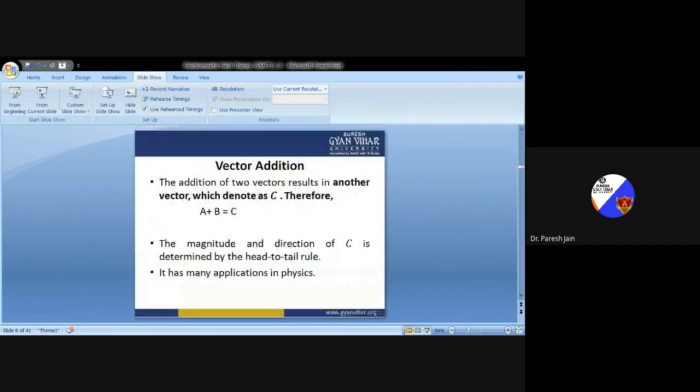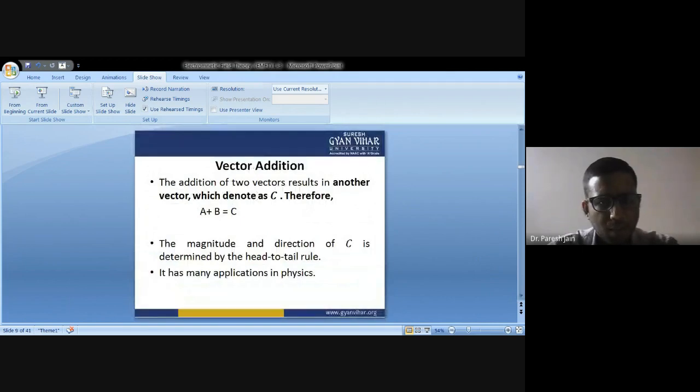In the next section, we have vector arithmetic operations, starting with the addition of two vectors. The addition of two vectors results in another vector which is denoted as C. Therefore, A plus B equals C. The magnitude and the direction of C is determined by the head to tail rule.